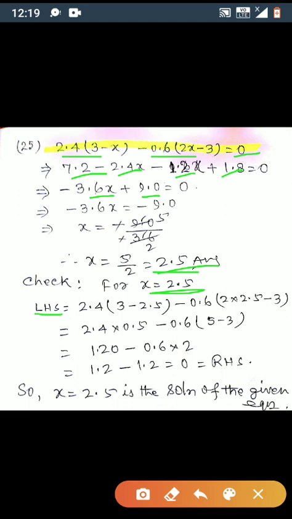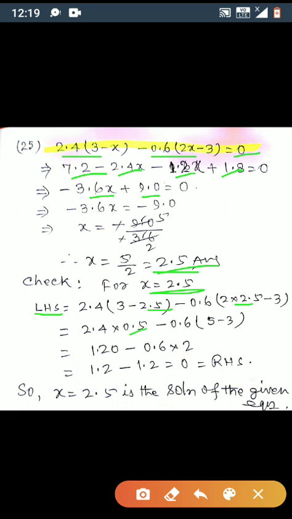Check for x equal to 2.5. LHS equal to 2.4 (3 minus x). In place of x write 2.5, minus 0.6 (2 multiplied by 2.5 minus 3).